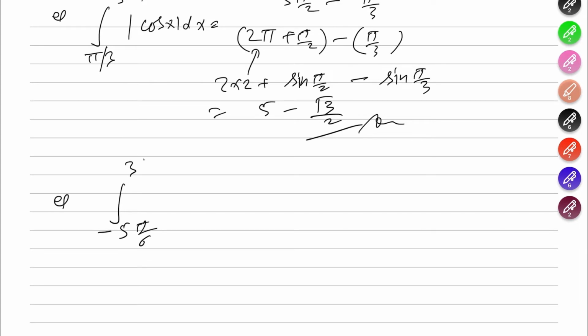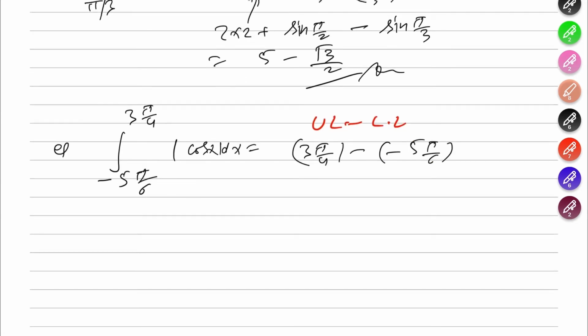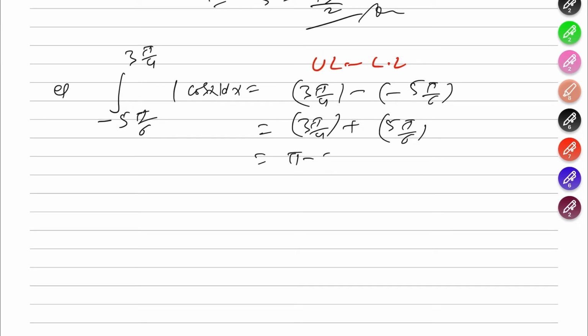Let's take one more example, from minus 5 pi by 6 to 3 pi by 4 of mod of cos x dx. So again we have upper limit minus lower limit. The upper limit is 3 pi by 4, lower limit is minus 5 pi by 6, that becomes 3 pi by 4 plus 5 pi by 6.